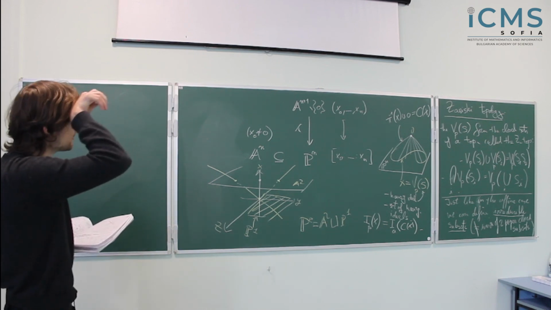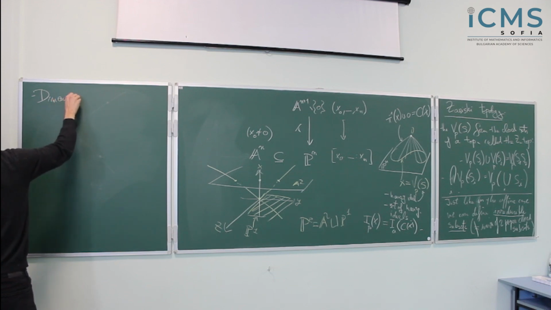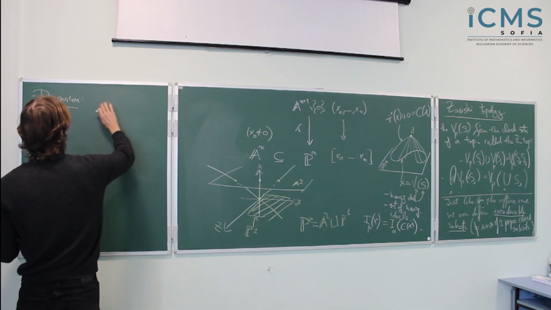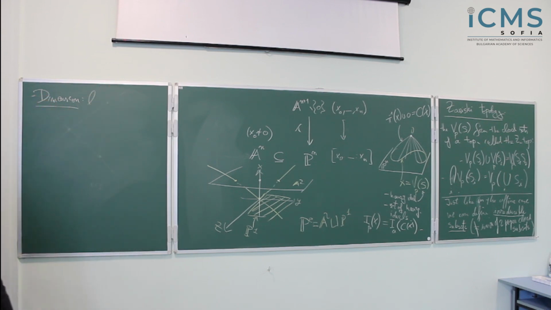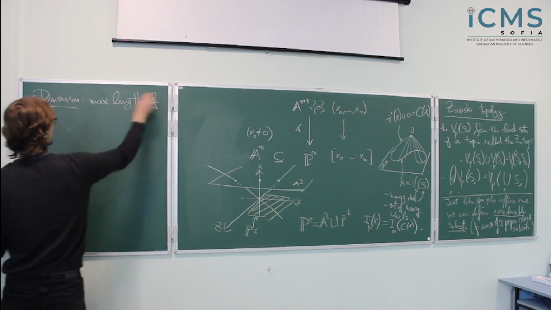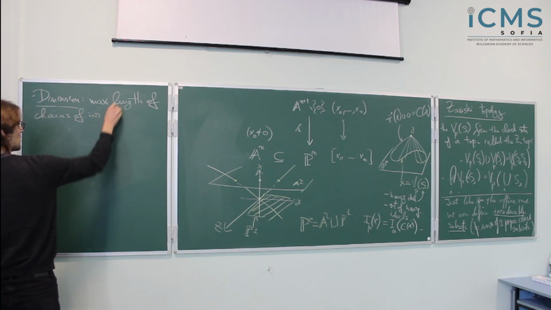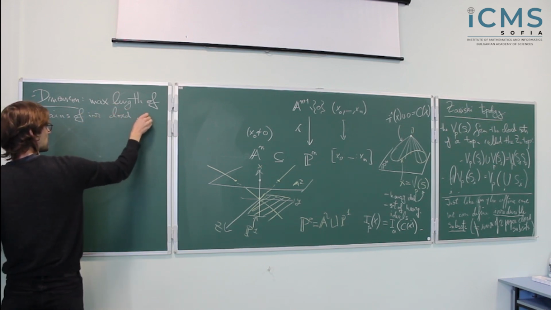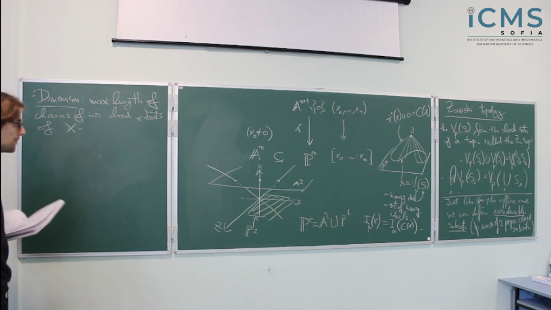So, like we did for the affine case, we can define dimension. Alright, so the dimension will be the maximum length of chains of irreducible closed subsets of S. Okay.